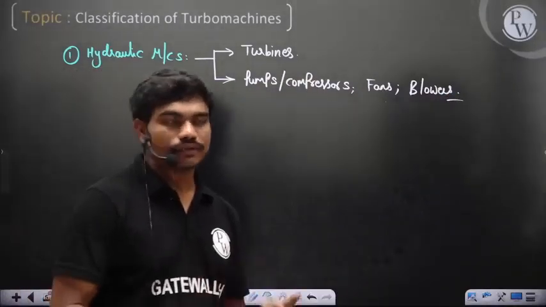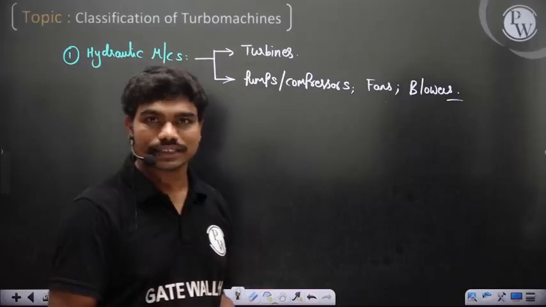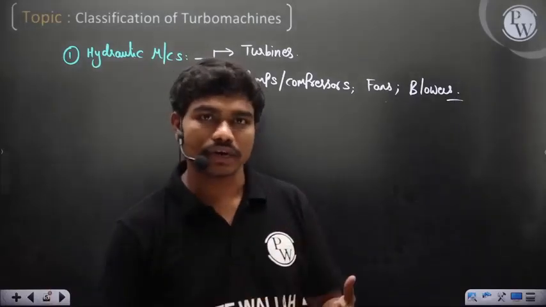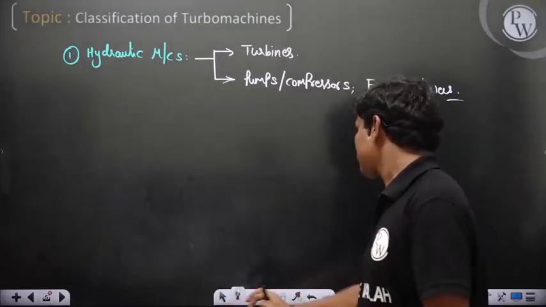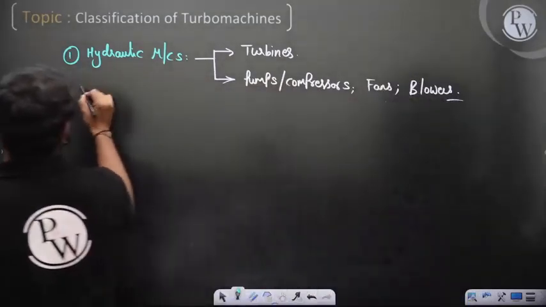And depending upon the working fluid, like again in turbines you can go for gas turbines. Then again depending upon the compounding techniques like pressure compounding, velocity compounding, we have a lot of things. Okay, then let's see. This is one thing based on fluid.